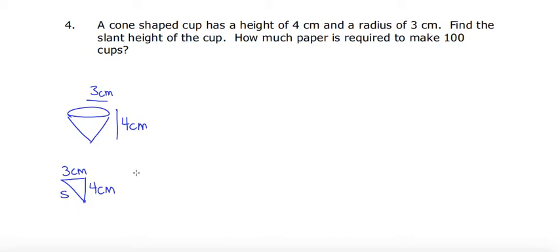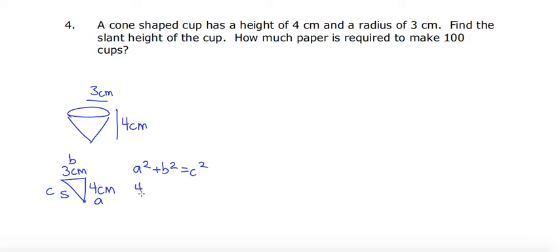So I'm going to figure this out using Pythagorean theorem. That says a squared plus b squared is equal to c squared. I'm going to use 3 as my b, 4 as my a, and s as my c. Your hypotenuse will always be your c.